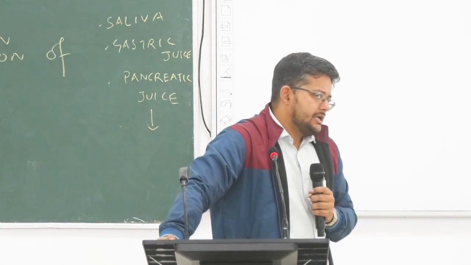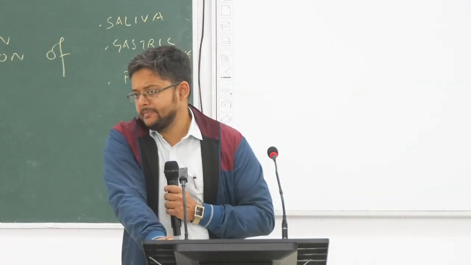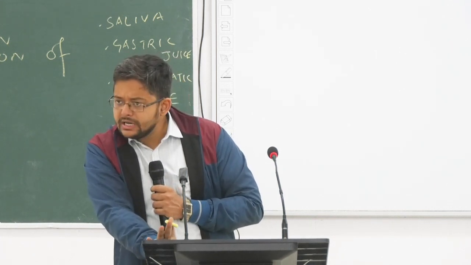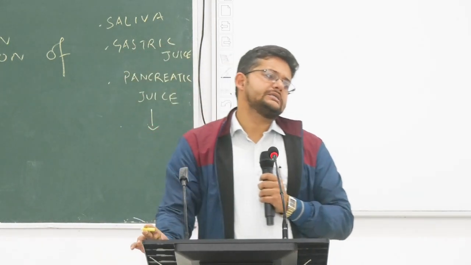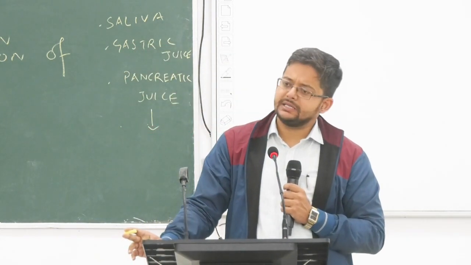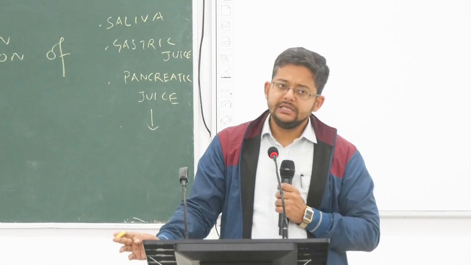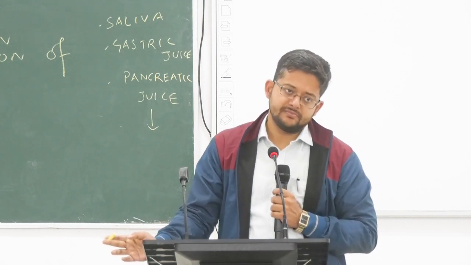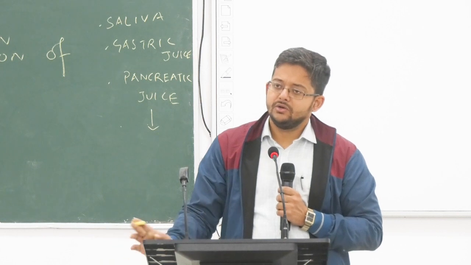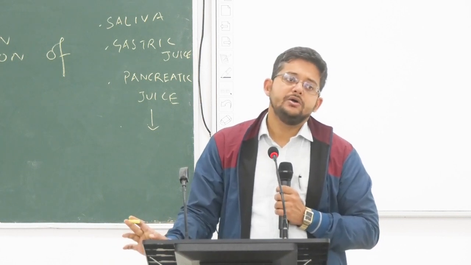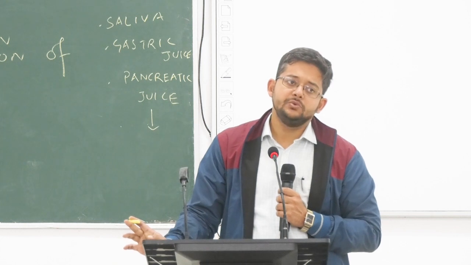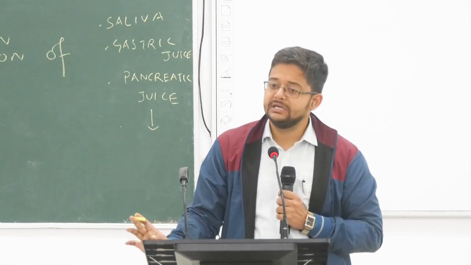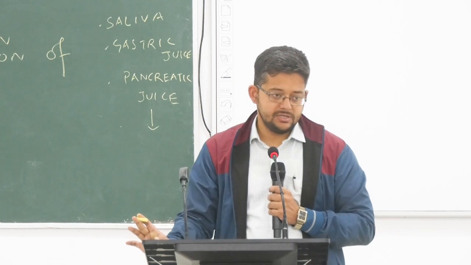Remember one thing: the sympathetic system increases the mucus part of the salivary secretion, whereas the parasympathetic system increases the watery part of the salivary secretion. Overall, a very quick summary: superior cervical ganglion, T1 to T4, mucus secretion increased by the sympathetic system.